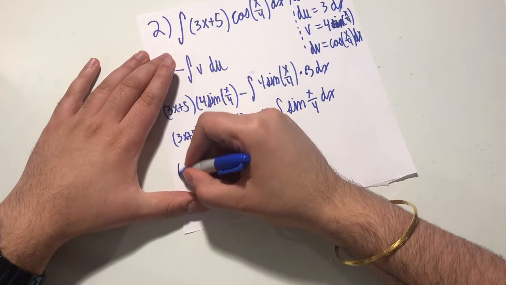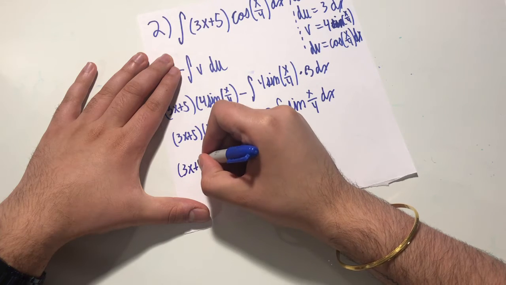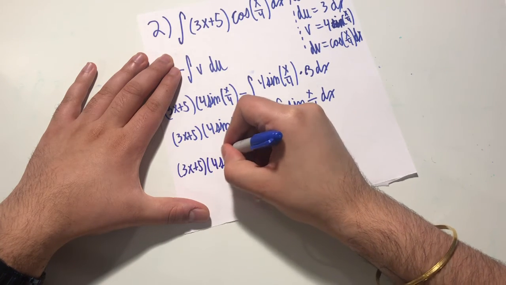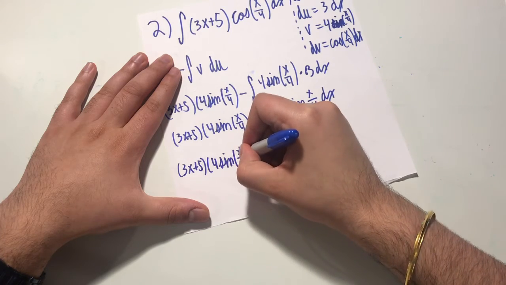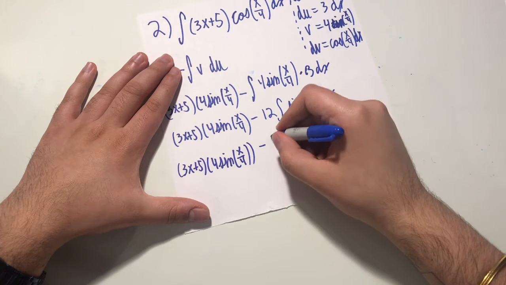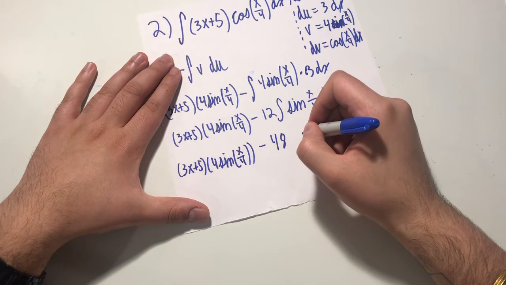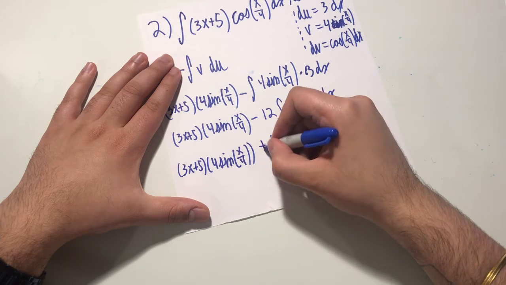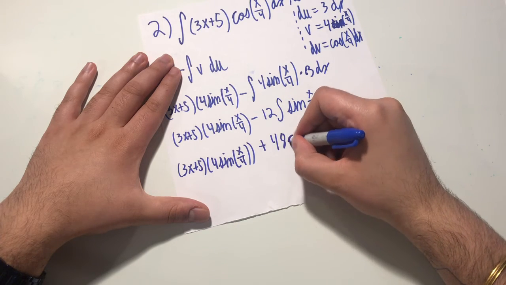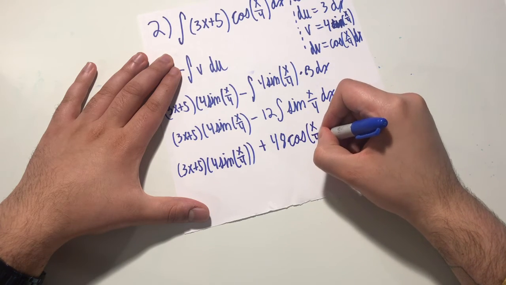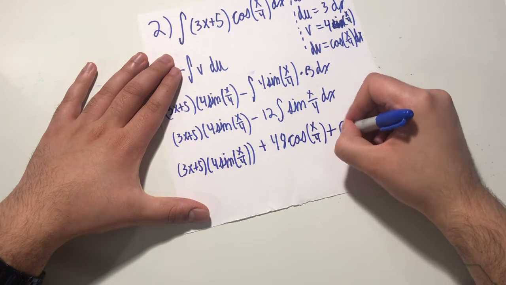So we get 3x plus 5 times 4 sine x over 4 minus 48 multiplied by negative cosine. So that would turn this positive, so I'm just going to write cosine x over 4 and plus c.